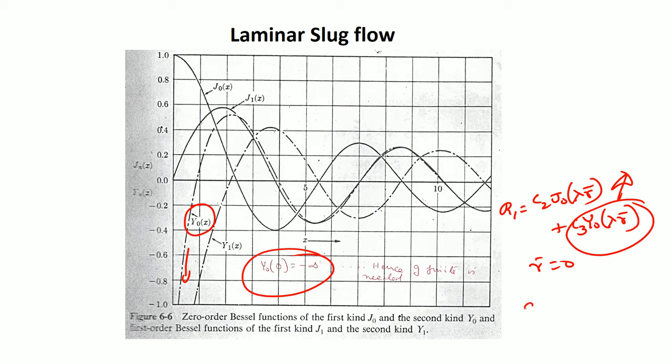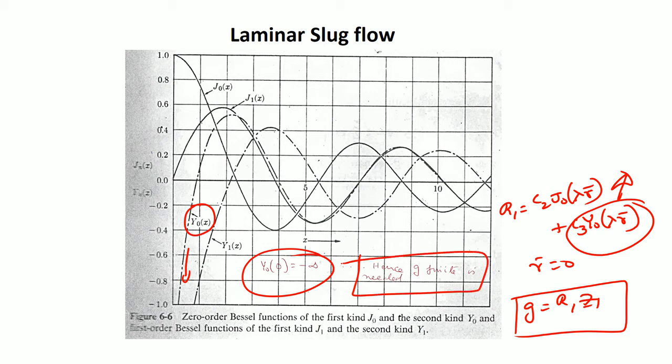G is basically nothing but R1 into Z1, right. In order to keep G finite, what we can technically do is to make C3 equal to 0. So, C3 has to be equal to 0, because otherwise this entire term will blow up at R bar equal to 0.